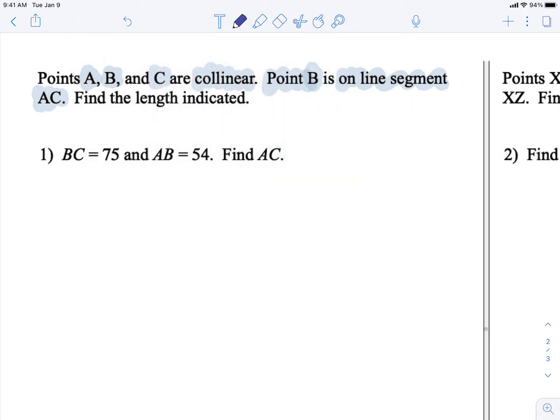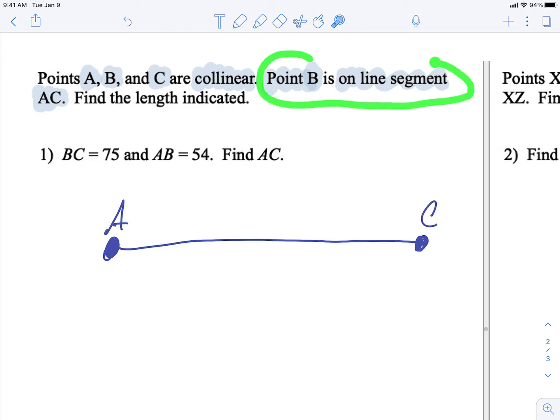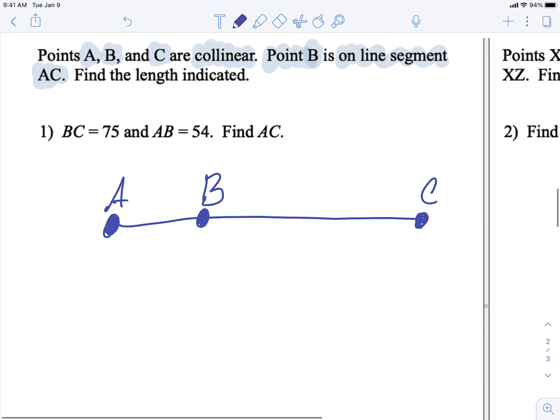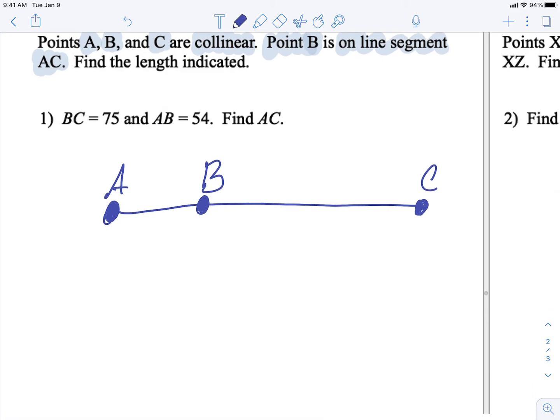So AC is my line segment, A all the way to C, and B is on the line segment. So I'm going to put B over here. It doesn't have to be in the middle. But there are 3 points. They're collinear. They're on the same line.